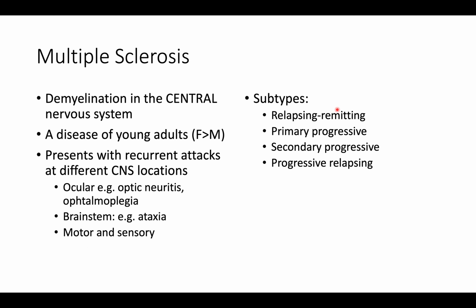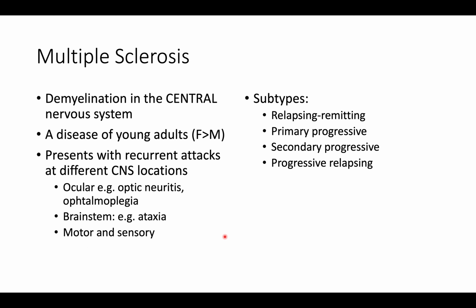There are subtypes of multiple sclerosis. The most common one is relapsing remitting. I mean by that the symptoms happen and then remit. That means it's resolved and the patient becomes normal.